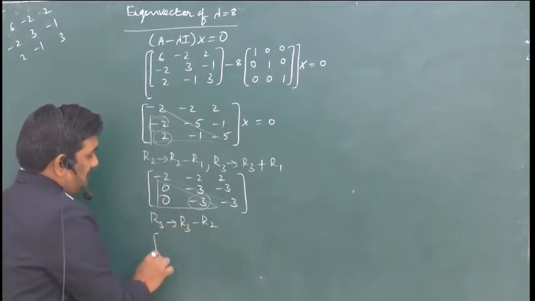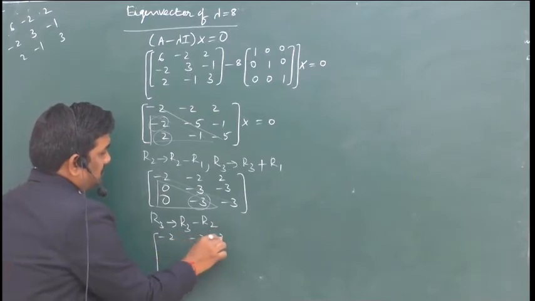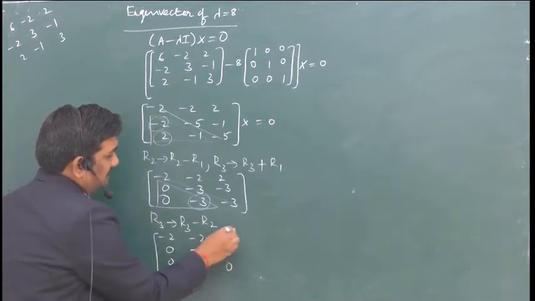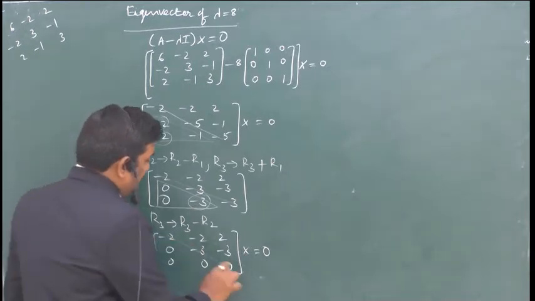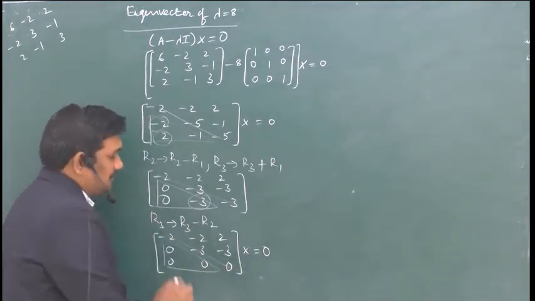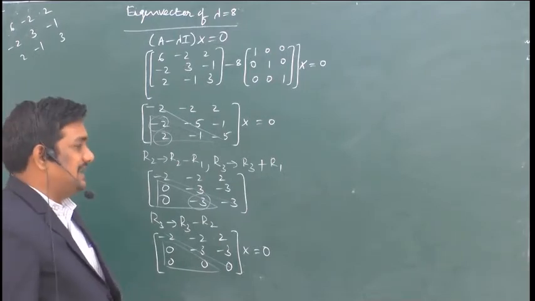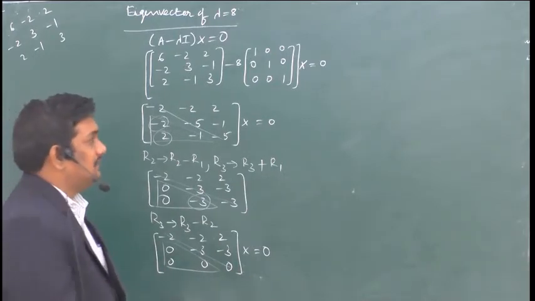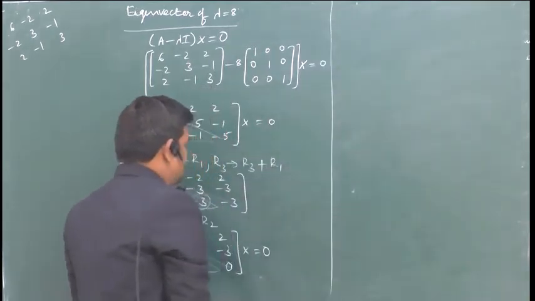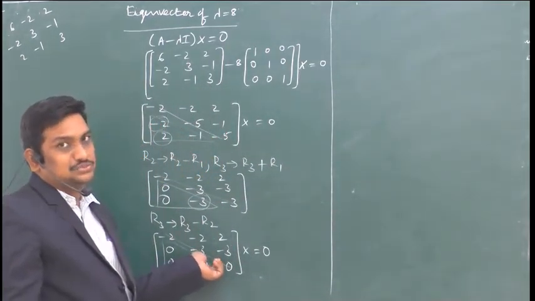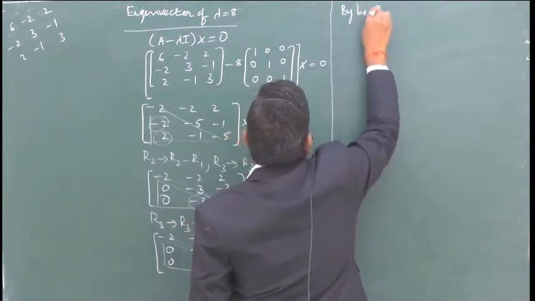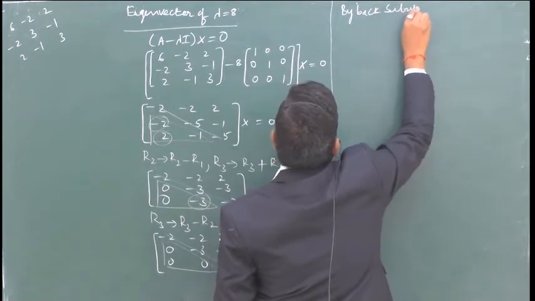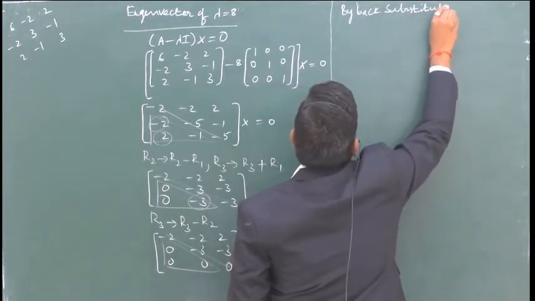Now it will be minus 2, minus 2, 2, 0 minus 3 minus 3, 0 0 0, into capital X equals to null matrix. Now this is the possible diagonal, elements below the diagonal are 0 and no other element can be made 0, hence it is in echelon form. The rank of this coefficient matrix is the number of non-zero rows, that is 2. Now by back substitution, means writing the equations by using matrix notation.